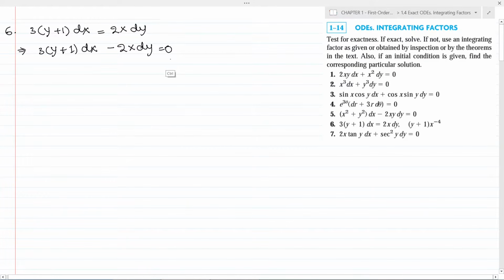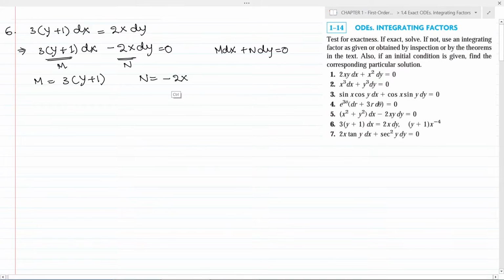This is the standard expression that we had studied in the theory, that is M dx plus N dy equal to 0. This is in that form right now. So, this is equal to M and this minus 2x is equal to N. So, from here we can write M equal to 3(y+1) and N equal to minus 2x.